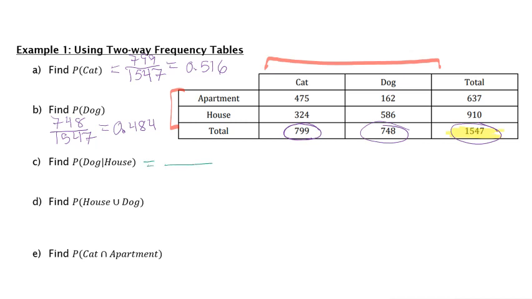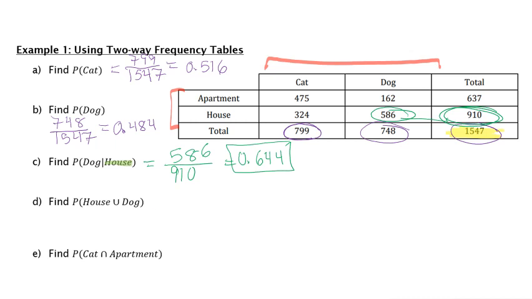So our denominator isn't going to be our entire sample. It's out of the people who live in a house. So of the people who live in a house, that would be 910, which will be our denominator. And of these 910, how many have a dog? That would be 586. So if I divide that out, I would get 0.644.